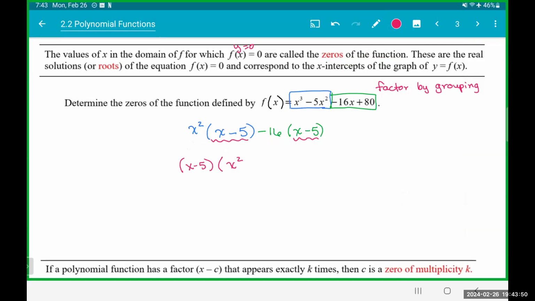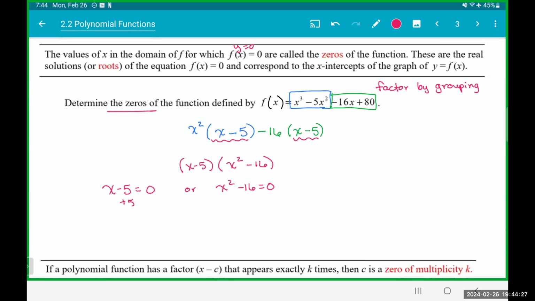If I factor an x minus 5 out of the green, I'm left with the negative 16. Okay. So my zeros, if this whole thing is equal to 0, because that's what we're asked to determine. So either x minus 5 equals 0, or x squared minus 16 equals 0, because there's no other way this formula could equal 0 unless one of these two conditions is true.